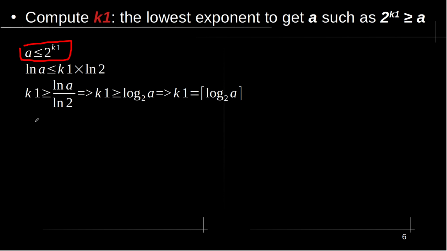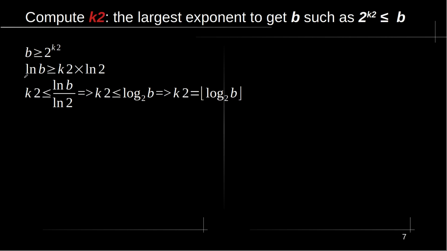So k1 is greater or equal to natural logarithm of a over natural logarithm of 2, which is logarithm base 2 of a. So k1 is the ceiling of this result, logarithm base 2 of a. We compute the ceiling here.